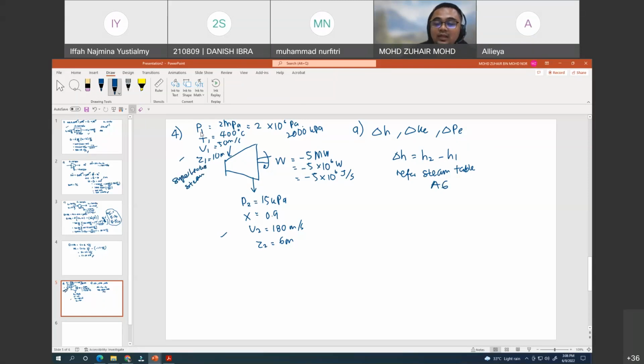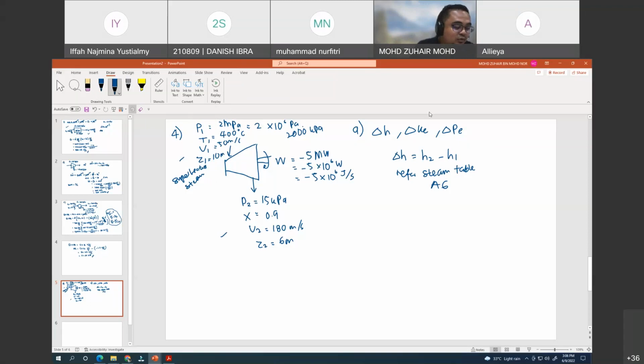Sebab selalunya, if you notice, if you are given pressure and temperature, whereas for table A4 or A5 we are only provided with either temperature or pressure, then there is a high probability that it is about superheated steam, and we have to refer to A6.